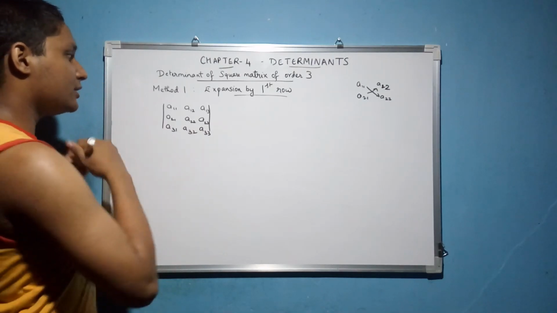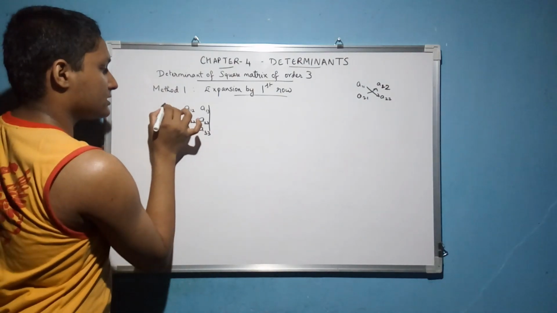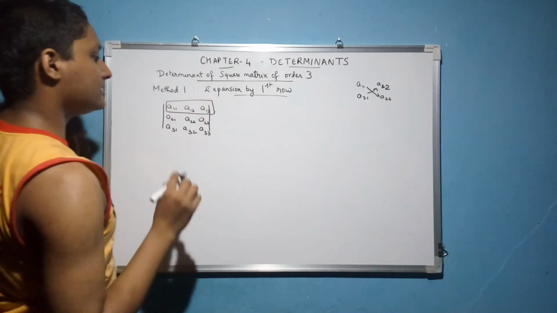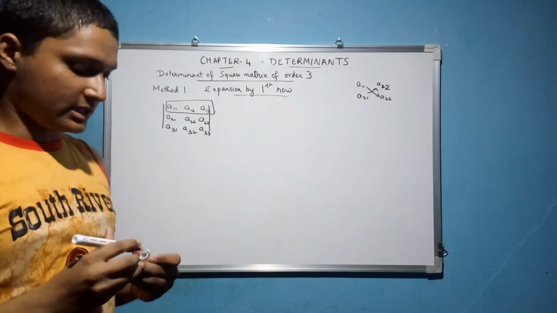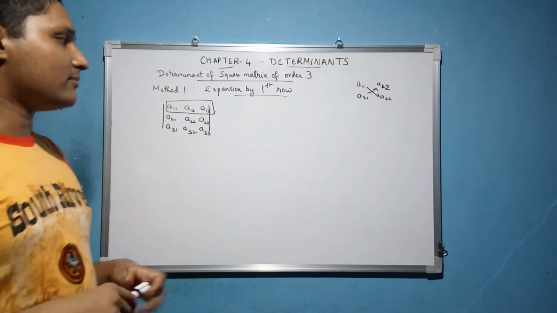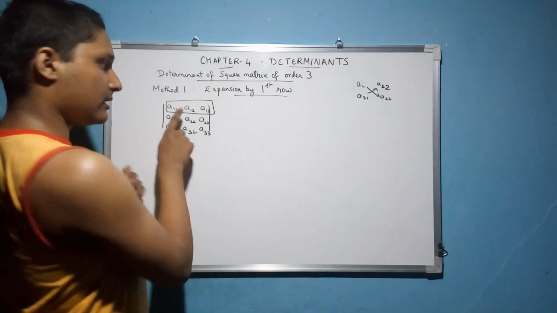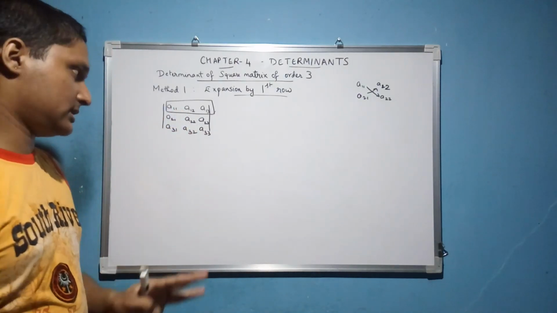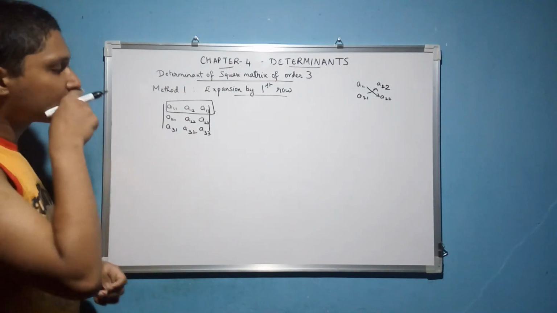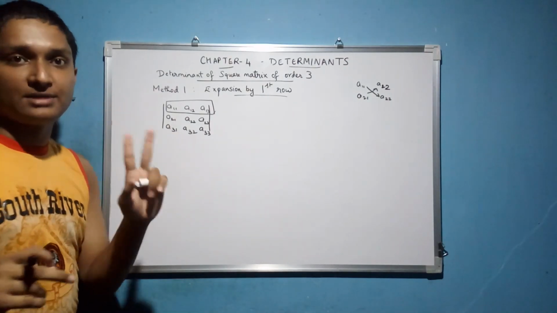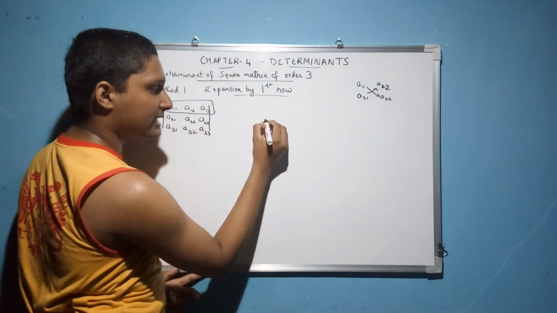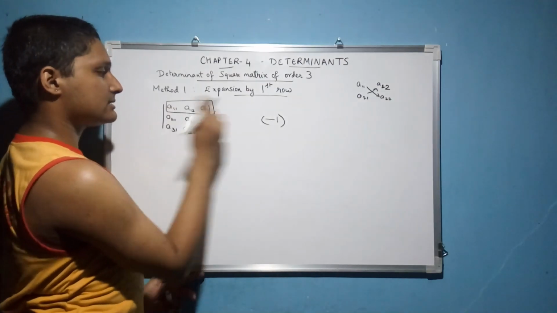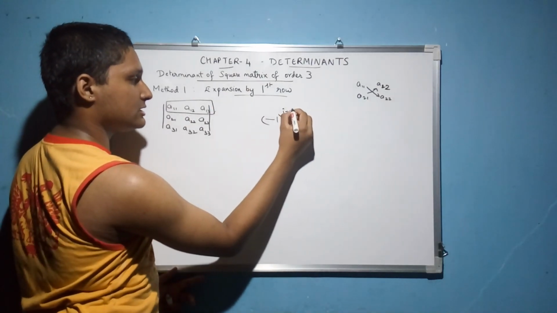First of all we are going to consider only the first row. Now I'll just highlight that first row. This is the first row, right? So the first row is more important now. We need 3 terms because there are 3 columns. We need a sum of 3 numbers. So there is a general form like this: minus 1 whole raised to i plus j.